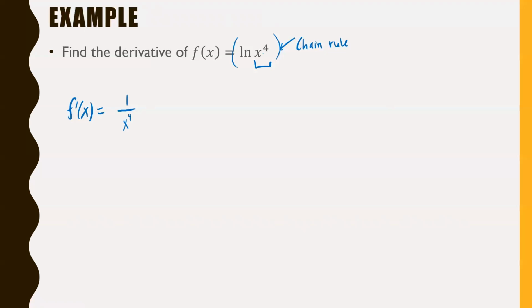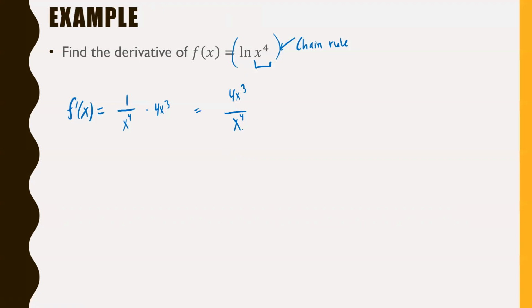Notice the ln had x to the power of 4 inside of it, so just like it was usually 1 over x, it's actually 1 over x to the power of 4. But then your chain rule comes in, so we have to multiply this by the derivative of the inside of the function. Well, the derivative of x to the power of 4 is 4x cubed. If I were to rewrite this a little nicer, I'd write this as 4x cubed over x to the power of 4, because the 4x cubed is just going to multiply by the 1 on the top. But hopefully what you see is there's stuff on the top and the bottom that'll actually cancel.